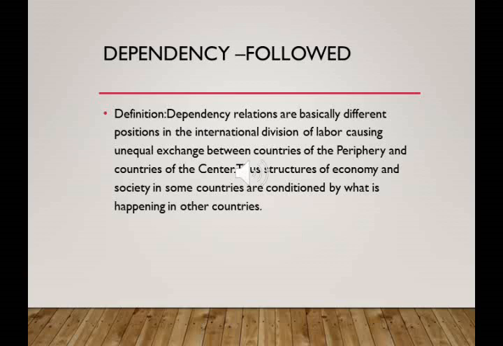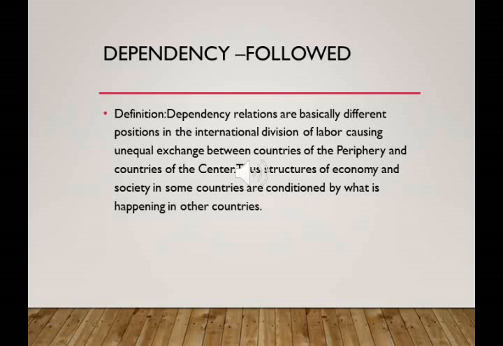These terms correspond to developed countries and developing countries, countries which specialize in the production of manufactured goods, and countries which specialize in the production and export of raw materials, the colonial powers and the former colonies.